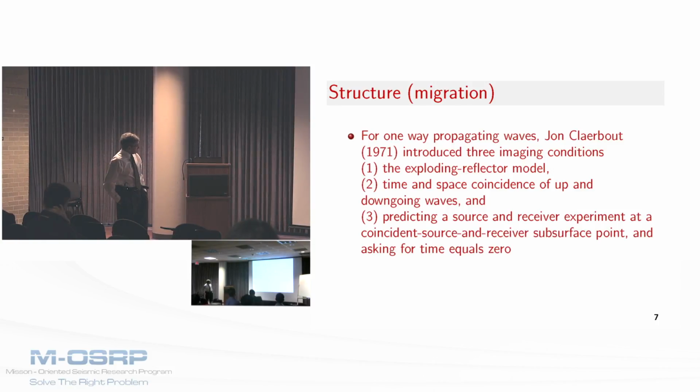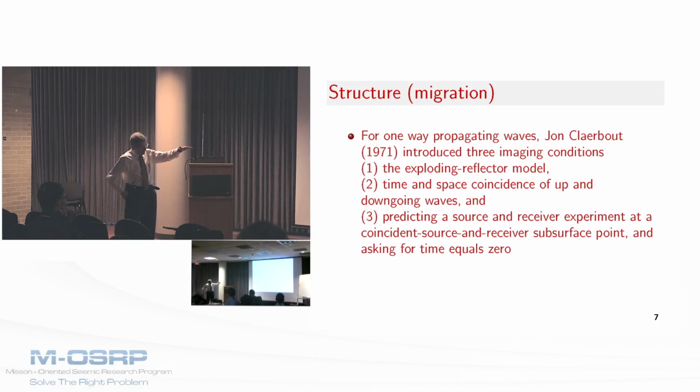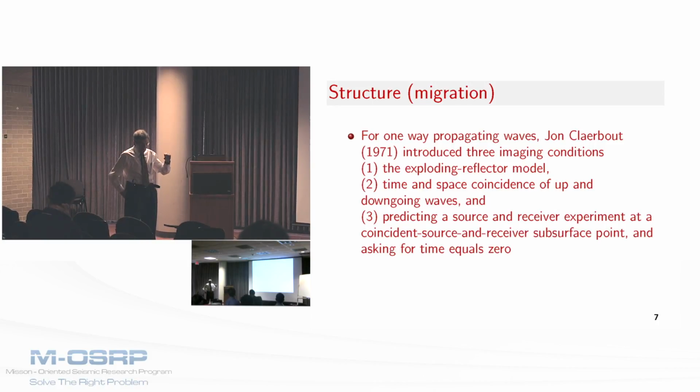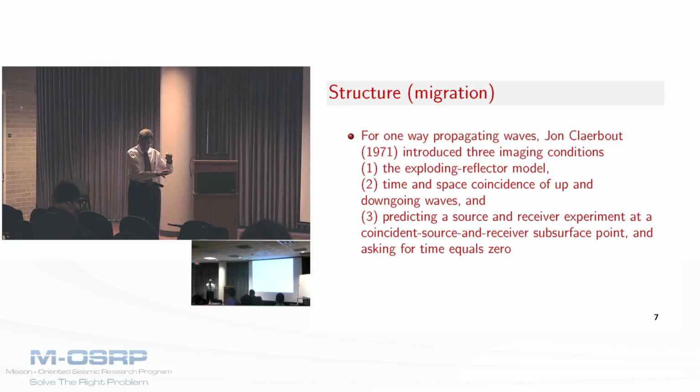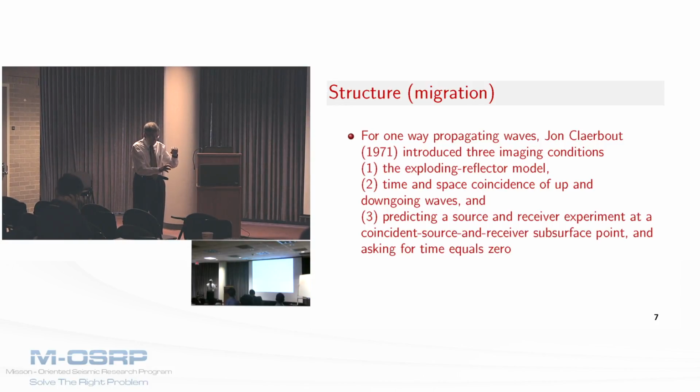The second is time and space coincidence of up and down going waves. The idea there was you take the reflection data back and you take the source field forward until their time and space coincide. You don't take the source forward, you take the source field forward.